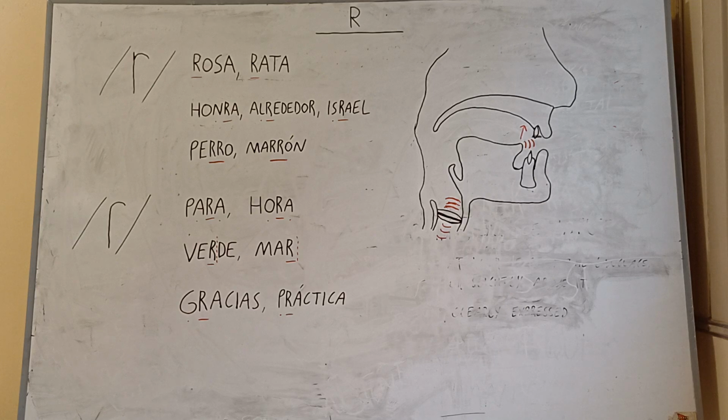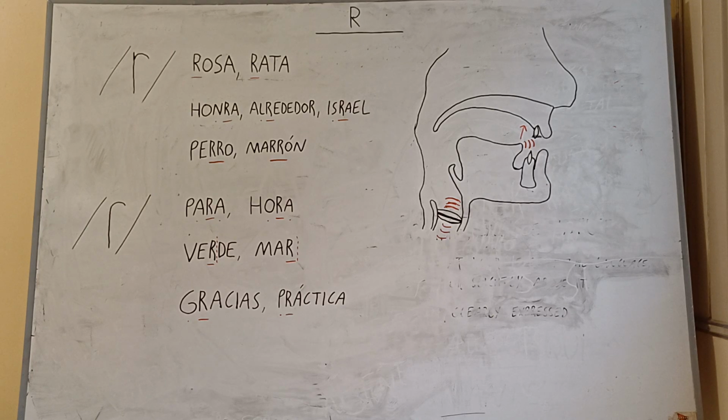The place of articulation will be in this part of the mouth, which is right behind your front teeth, between your front teeth and your palate.